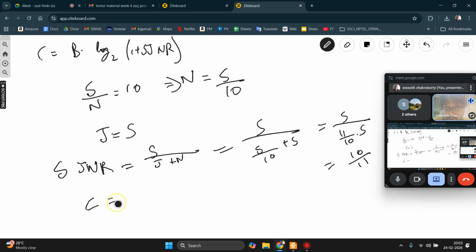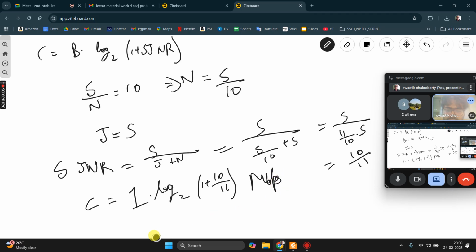So C is equal to B. B is given to be 1 megahertz, so 1 into log base 2 of 1 plus 10 by 11. Megahertz means it will be Mbps. So it is log base 2 of 21 by 11 Mbps.